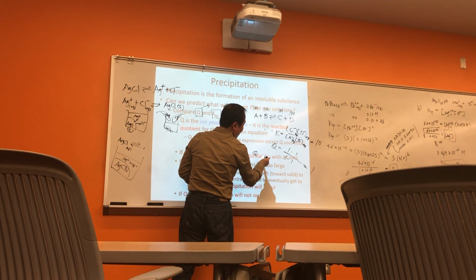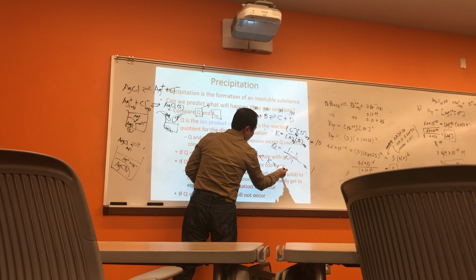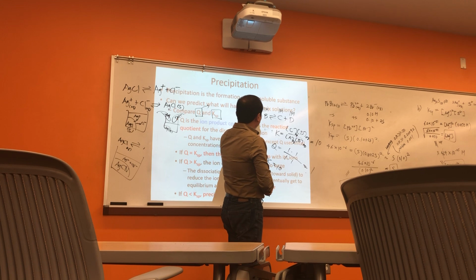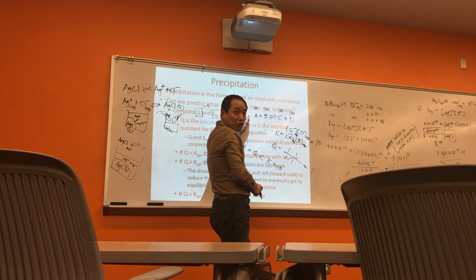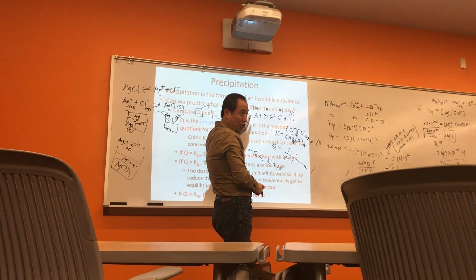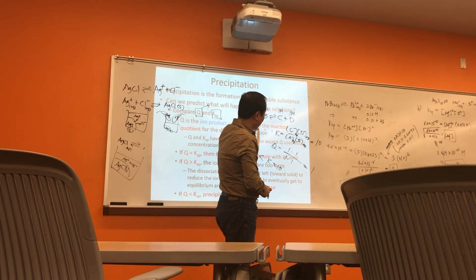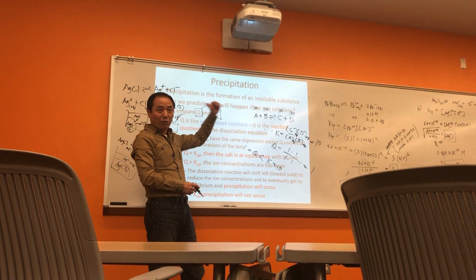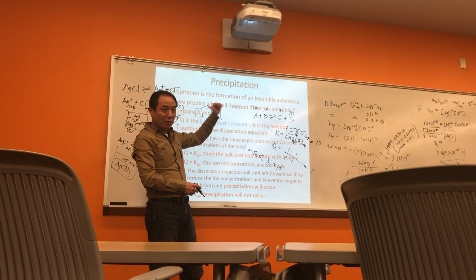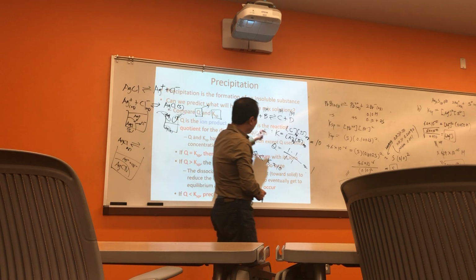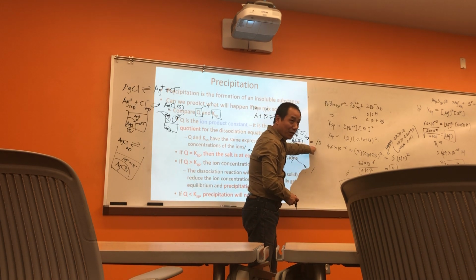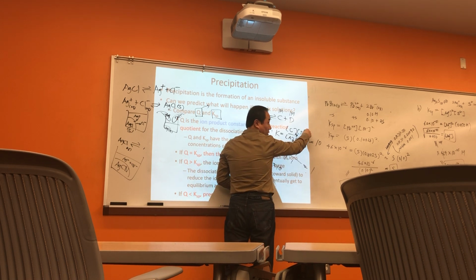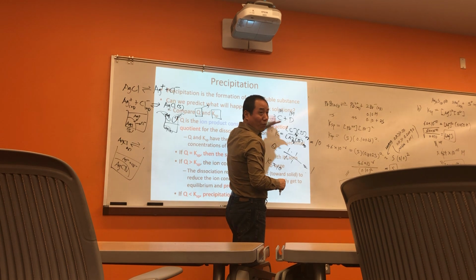So Q is less than K. That means if I have this situation, this is not at equilibrium, so this should shift until it achieves equilibrium. So should that reaction go forward or backward? Because equilibrium constant should be 10, which means we cannot have equal amounts of reactant and product, we have to have more product.